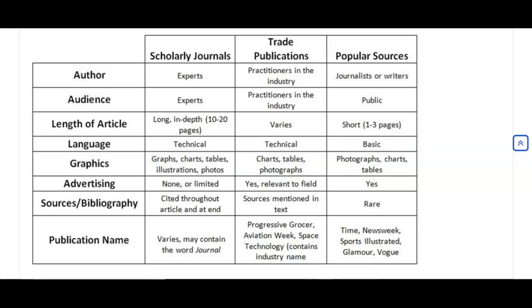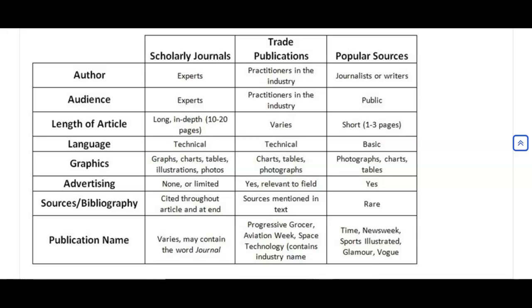Now, there are different kinds of scholarly journals as well. You may have heard the term peer-reviewed. These are scholarly journals that are vetted by experts in the field. So let's say I'm a scientist, I do an experiment, I submit my article to the journal.